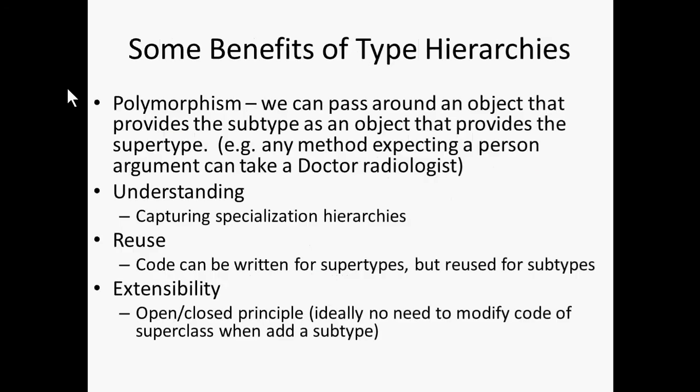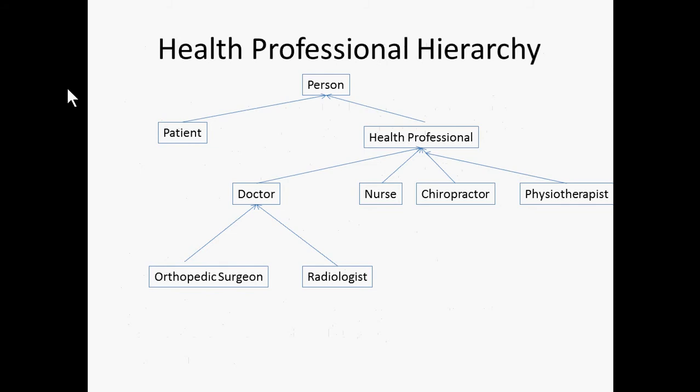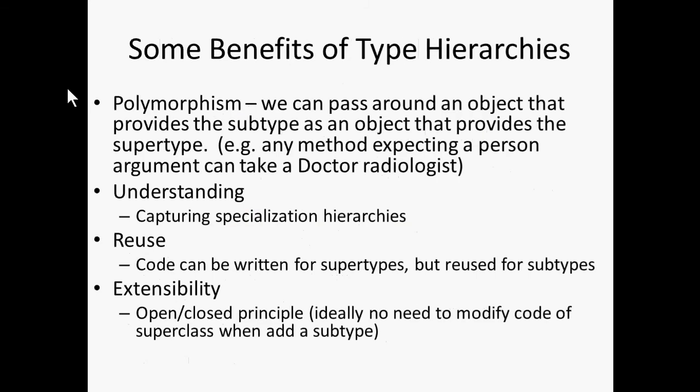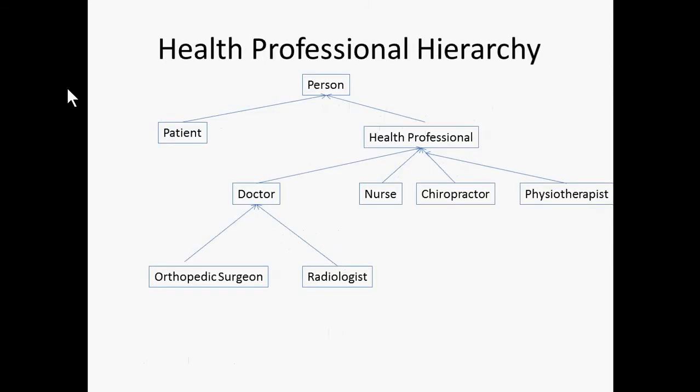We don't have to specialize it for each. We can understand how things work better by grouping them. We can write one set of things for the person and they work for all. And it's extensible. We can have more doctors, and our system will work with them very easily. It'll handle all of them. So we can extend it easily.